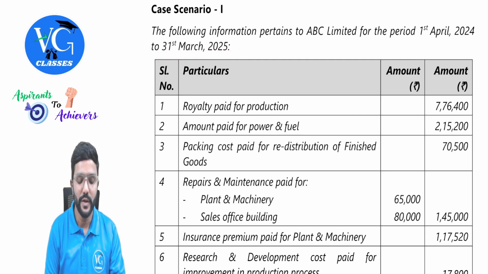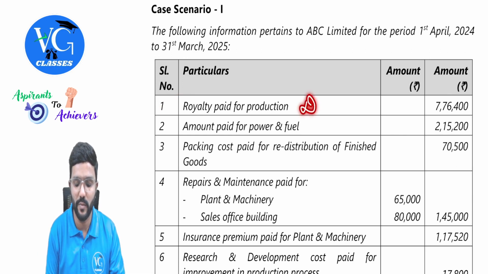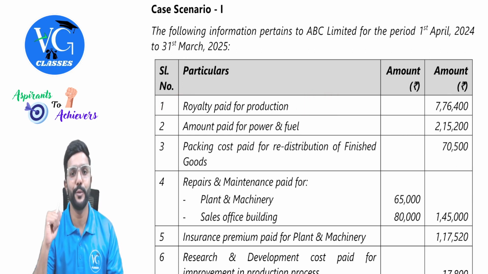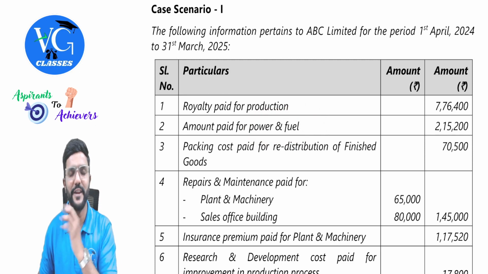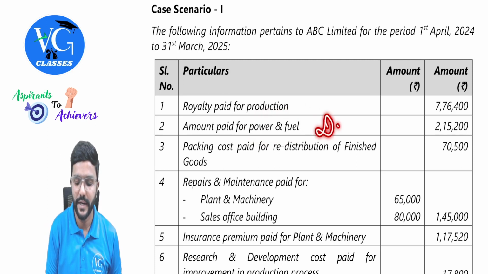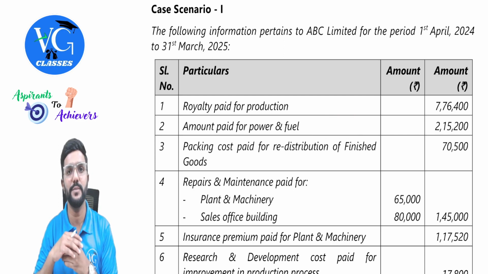First one. Royalty paid for production 7,76,400. This comes under direct expenses, before prime cost. Then amount paid for power and fuel. Considering it as direct expenses incurred in the manufacturing process, that will also come under direct expenses. What if I don't consider it as incurred for the production process?